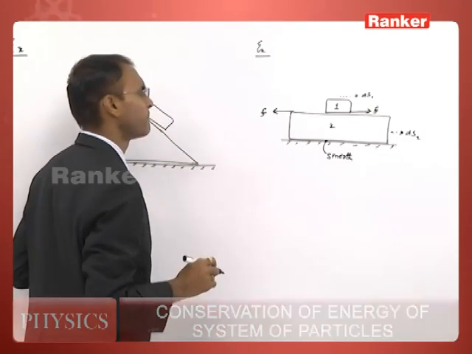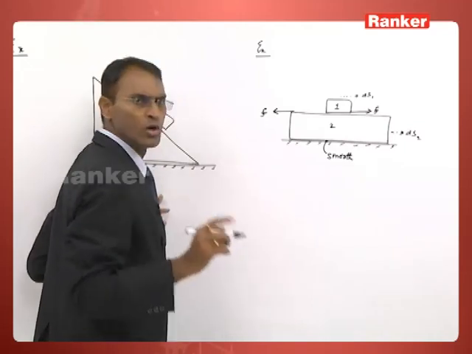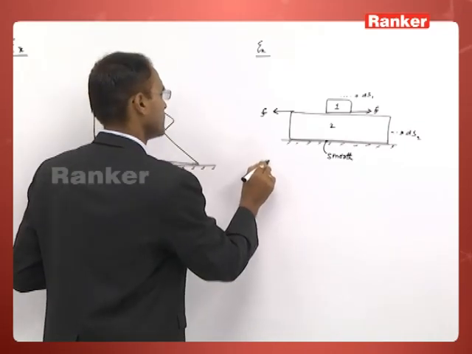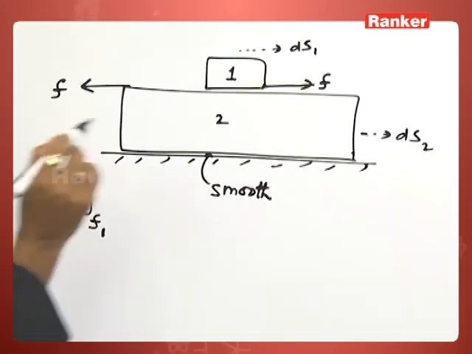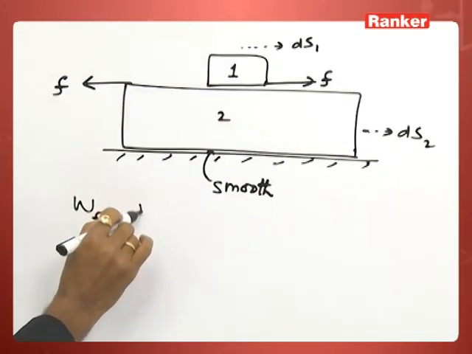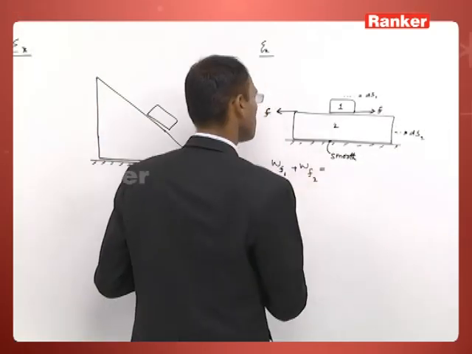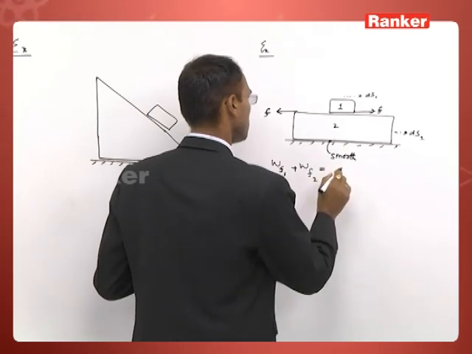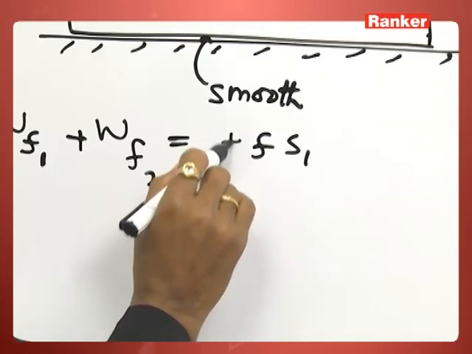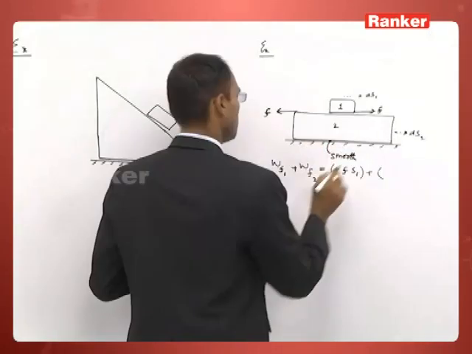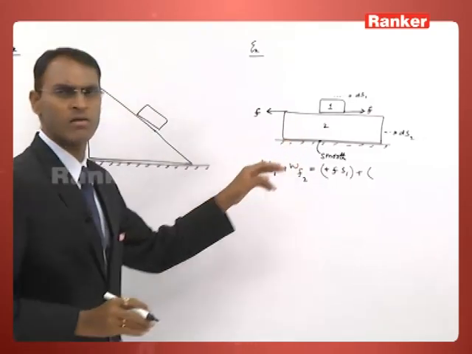Yesterday, we discussed this problem to prove that work done by the frictional force on the first block plus work done by the frictional force on the second block is equal to F into S1 plus work done by the friction on the second block.